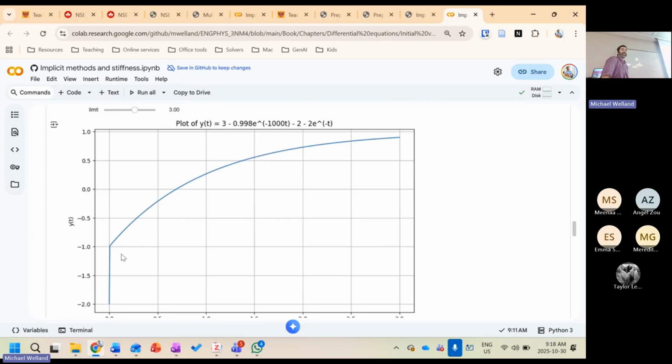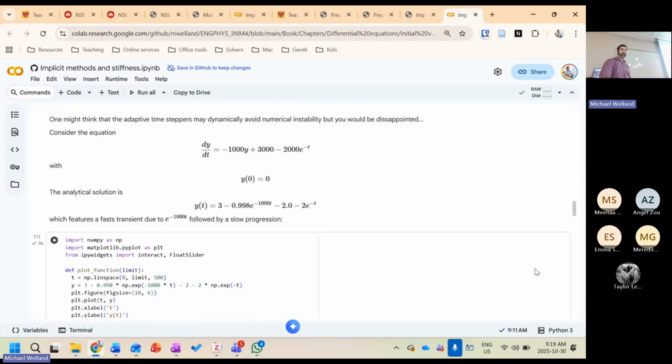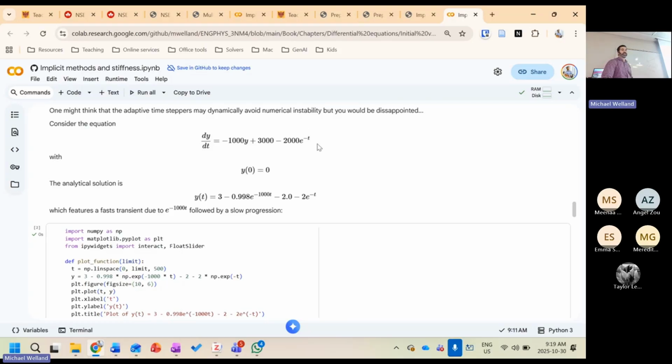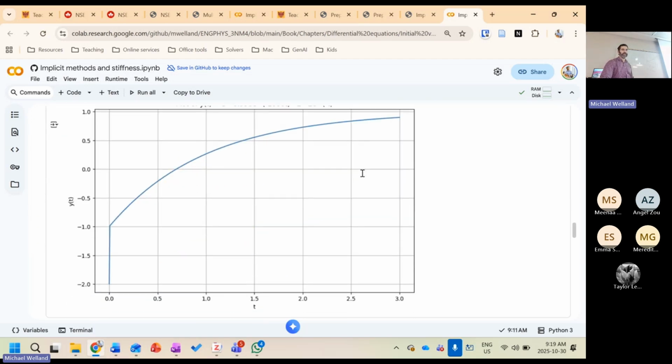This is an example of something with a fast transient. Right from the beginning, you start over here, you go whoop, and then this kind of nice slow behavior. So one of these terms is going to be the fast one, exponential growth. And then your kind of slow, tottering behavior kicks off after that.